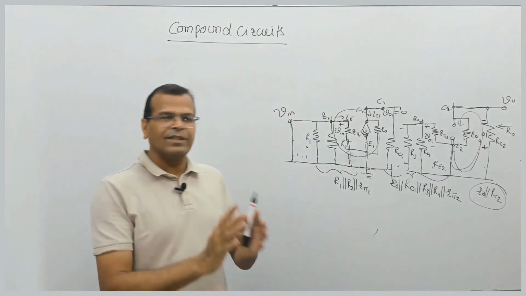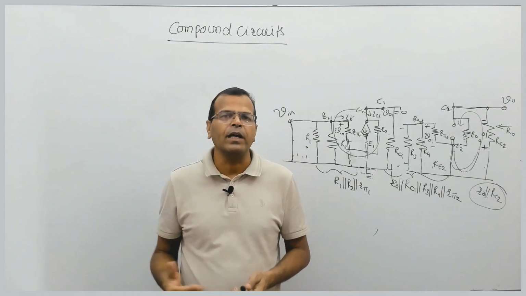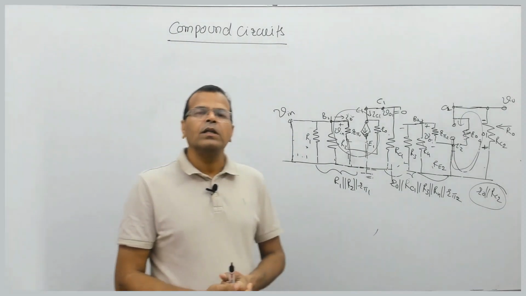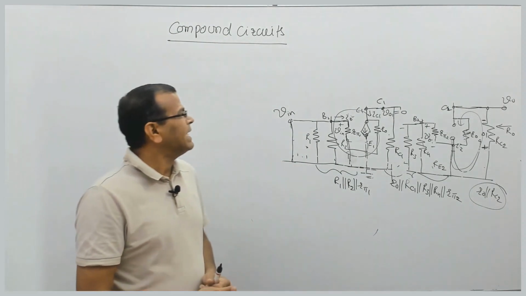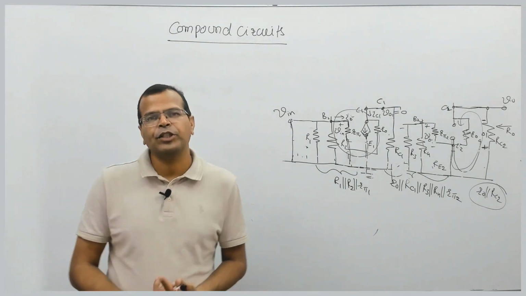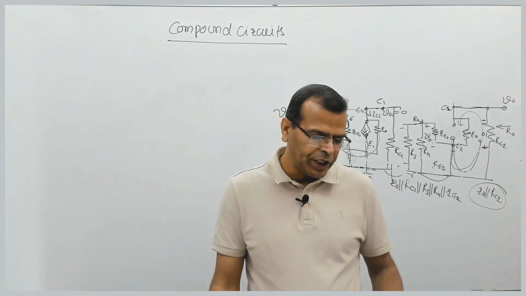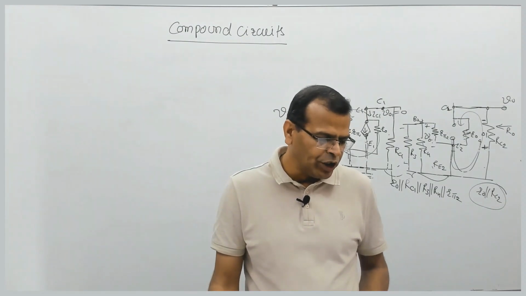But it will become a long video, so it is better I take that circuit separately in my next video. That is the Darlington pair. Remember, cascade connection is an important connection which is most of the time used to provide high voltage gain.